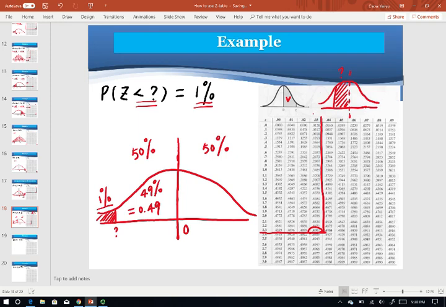So the z-score should be 2.33. However, look at the picture. It is on the left side, so it will be a negative number. So it will be negative 2.33. Be very careful. If the z-score is on the left, it will be negative.